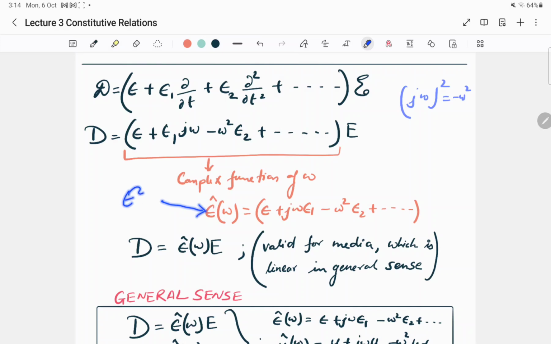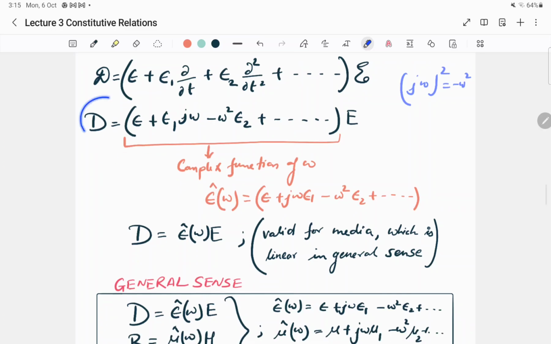We call it epsilon cap. So this entire thing inside this bracket is written as epsilon cap, and it is a complex function of omega, and its expression is epsilon plus j omega epsilon 1 minus omega square epsilon 2 plus all other higher order terms of omega.